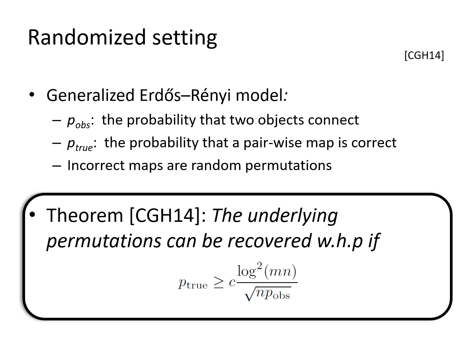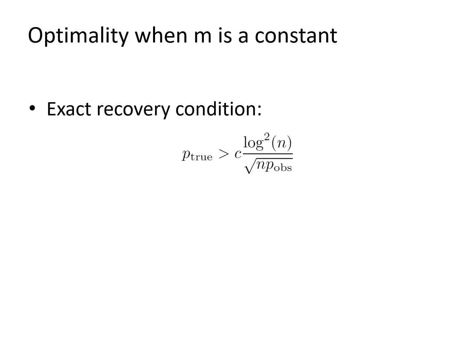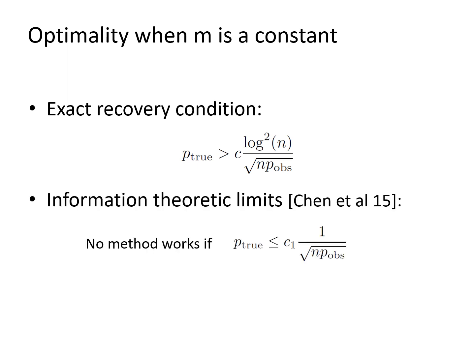This is something that happens when the noise is random. You can also show that, for example, when m is a constant, meaning the number of points per object is a constant, then the exact recovery condition is within a polylog factor of the information theoretical limit.